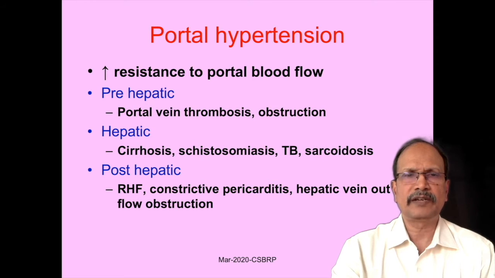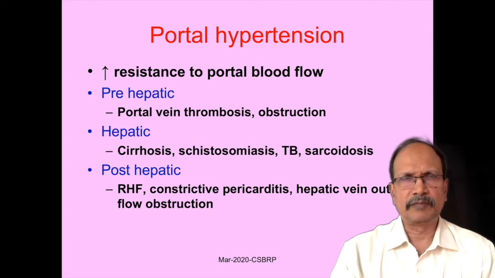And post-hepatic causes: right heart failure, which causes increased hydrostatic pressure, constrictive pericarditis, and hepatic outflow obstruction, which if it is due to thrombus, is what we call Budd-Chiari syndrome.